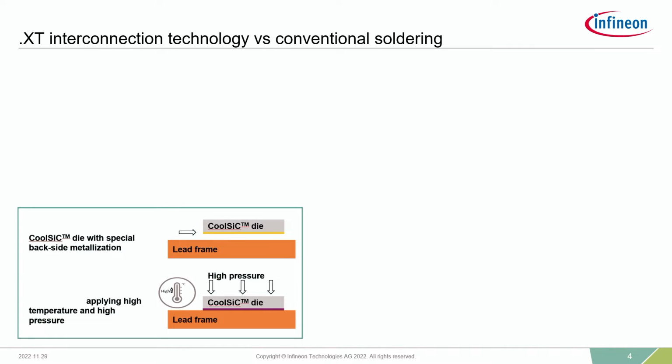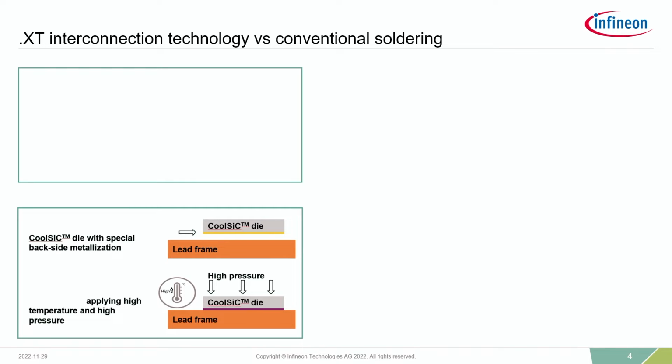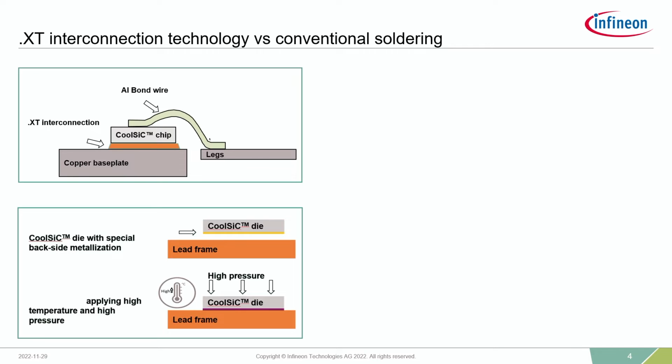For the CoolSiC die attach, the die with special metallization is attached, as shown here on the left-hand side, to the package lead frame by applying high pressure and high temperature. The high temperature melts the intermetallic to form solder joints. By this, the conventional soft solder is replaced by the .XT interconnection technology.